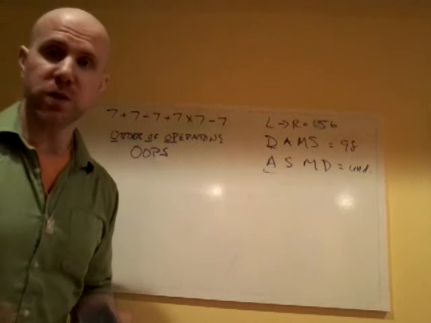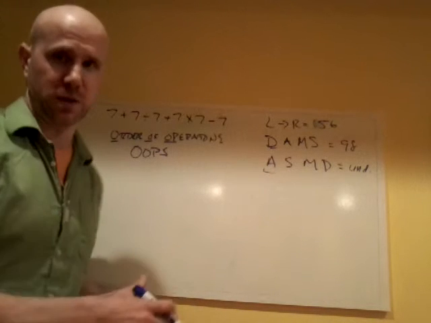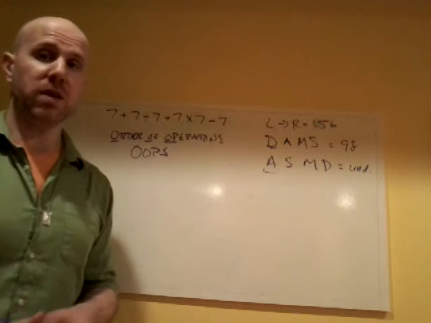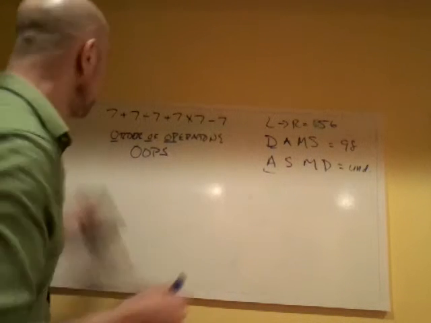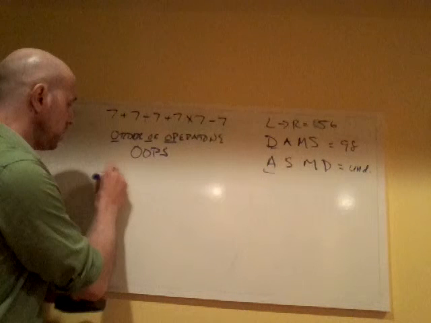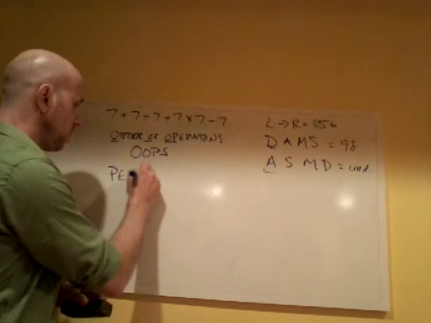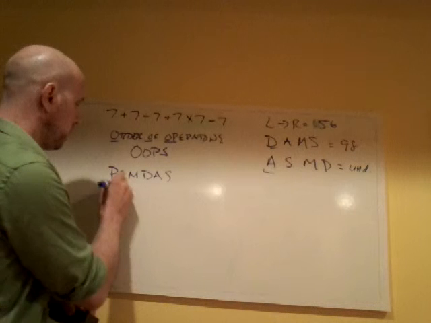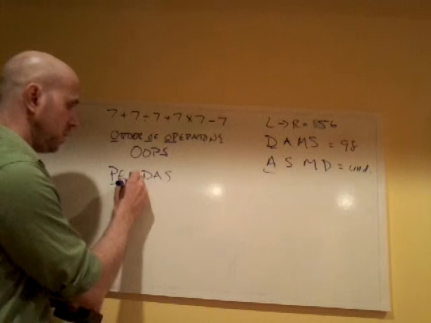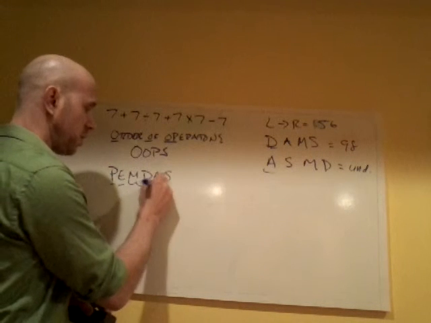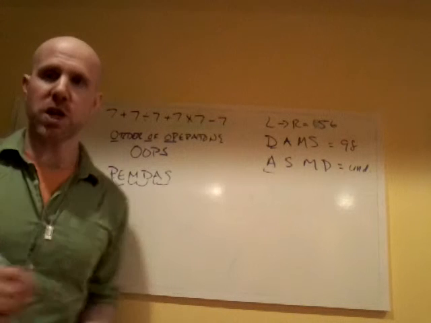You have to know your oops when you do math. And this is the basis, really, from which all higher math and later on algebra. You have to know this: please excuse my dear Aunt Sally. Parentheses, exponents, multiplication and division left to right, addition and subtraction left to right.